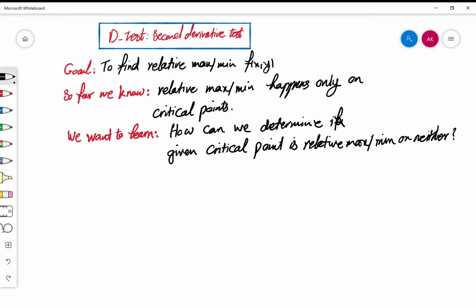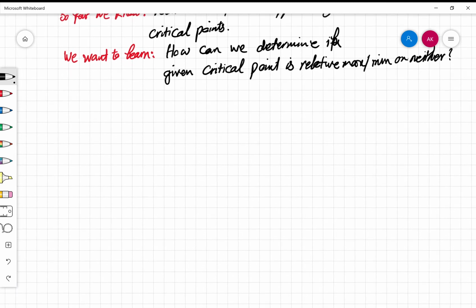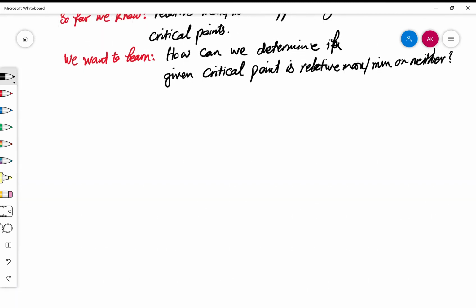So how can we determine if the given critical point is a max, is a min, or maybe none of them? Okay, so this is something that is going to be answered by the famous D-test.